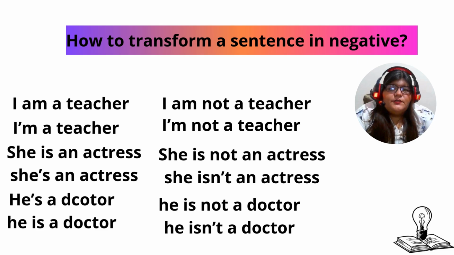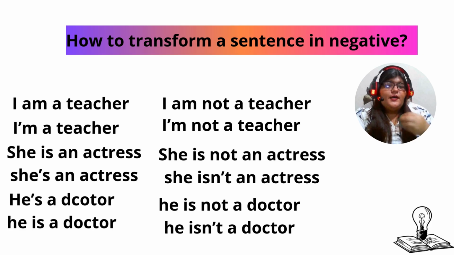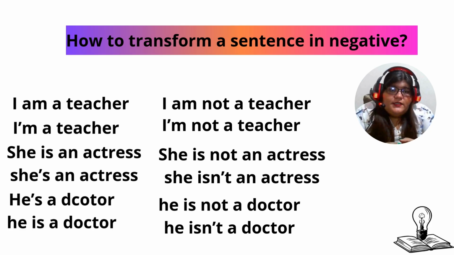So you must be wondering how can I transform a sentence in a negative way? And the answer is simple. Do you remember in the previous lesson we saw the subject pronouns with some examples?